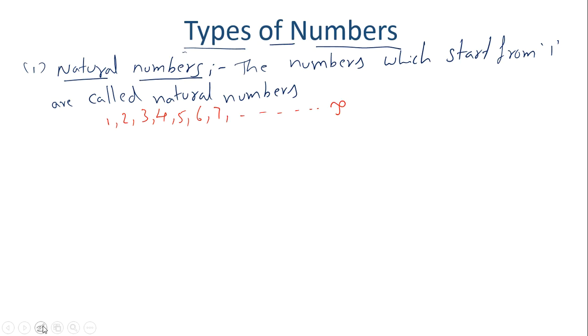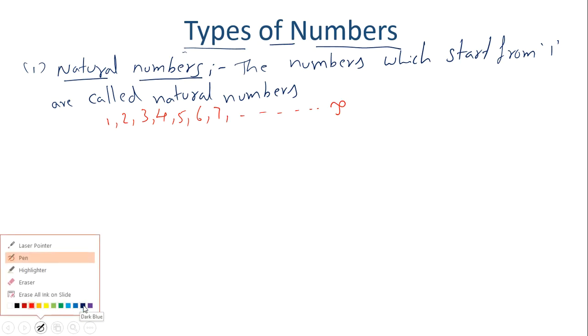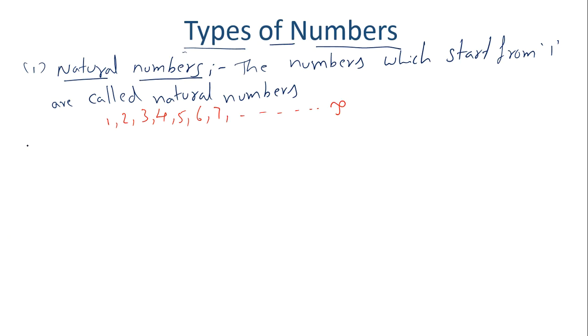The second type of number system we have learned is whole numbers. In whole numbers, we have 4 different types of numbers.